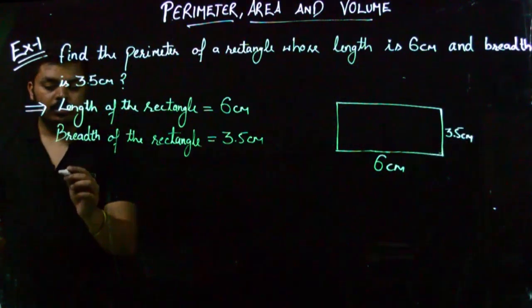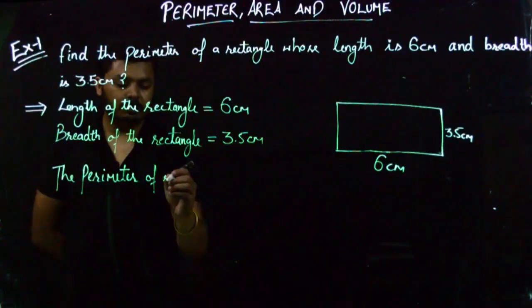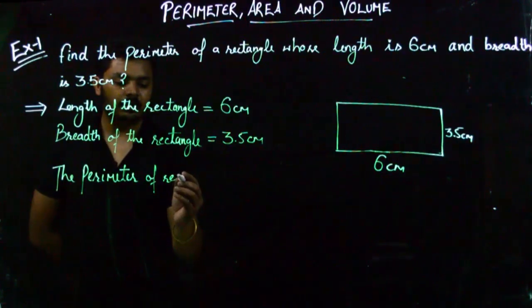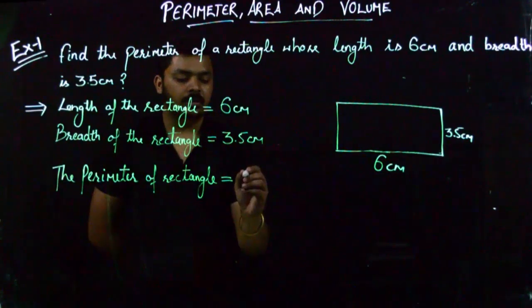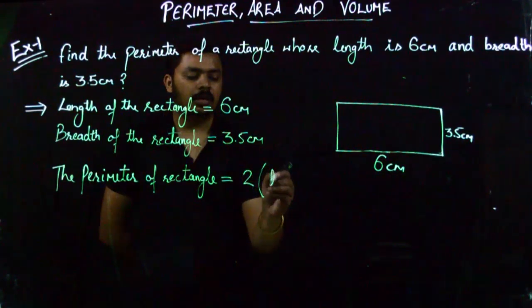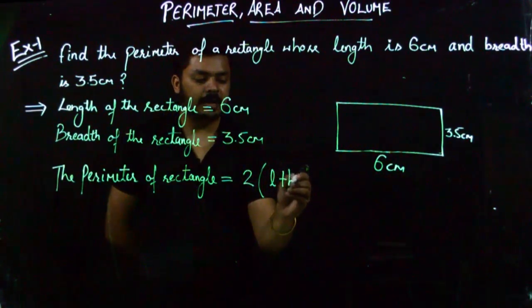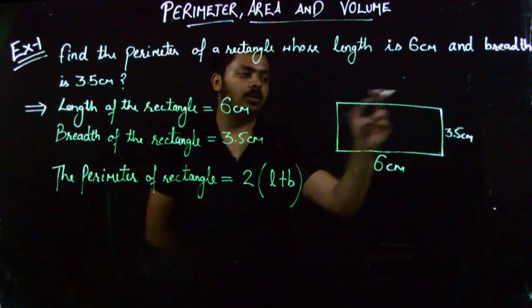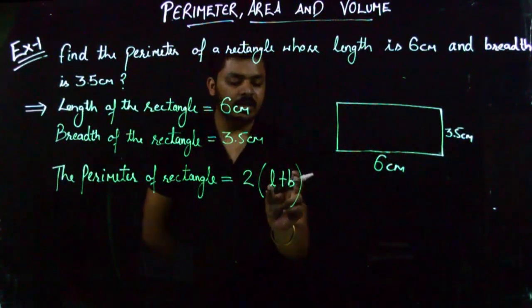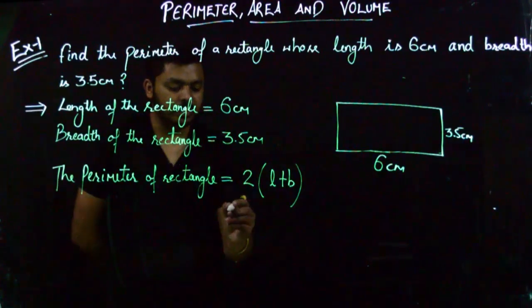So the perimeter of the rectangle. To find the perimeter of a rectangle, we have the formula 2 times (length plus breadth), as the perimeter is the sum of the length plus breadth multiplied by 2.